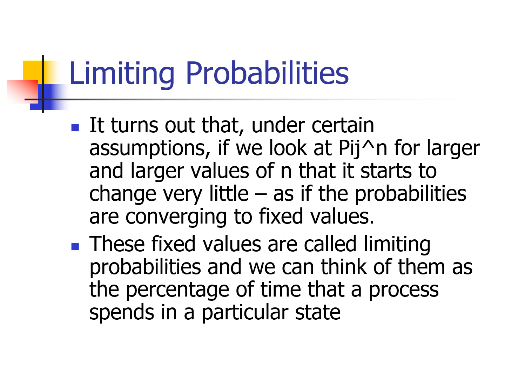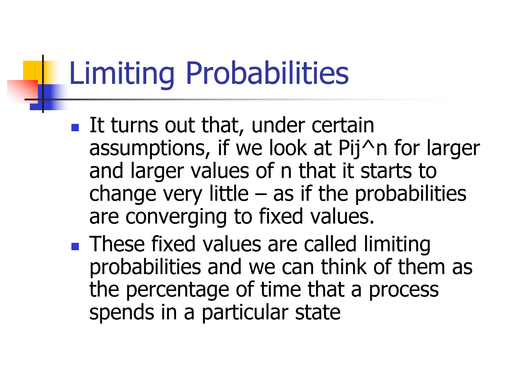Finally, the last thing that I want us to talk about is this idea of limiting probabilities. It turns out that under certain assumptions, if we look at that n-step transition matrix for larger and larger values of n, right?